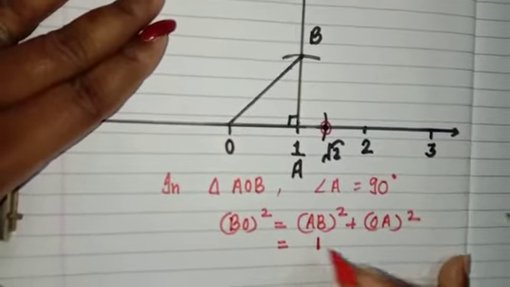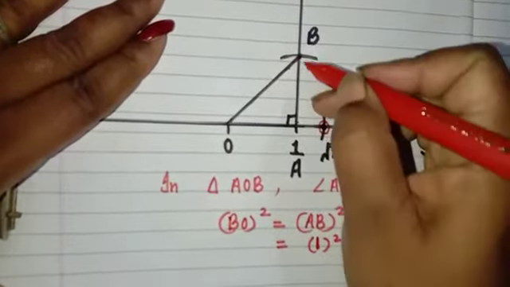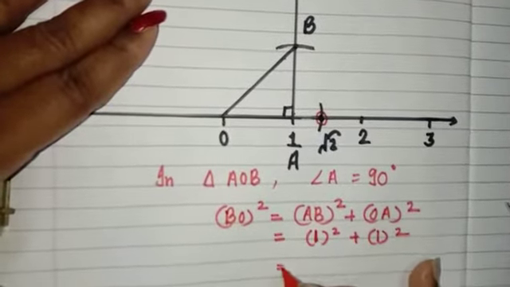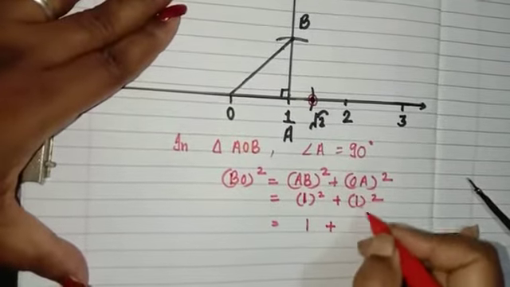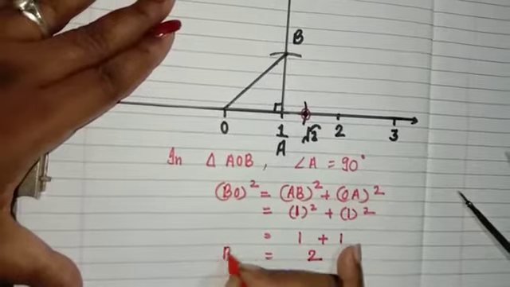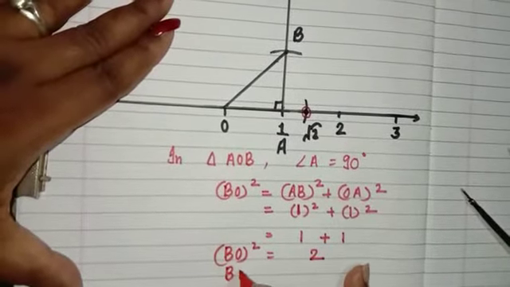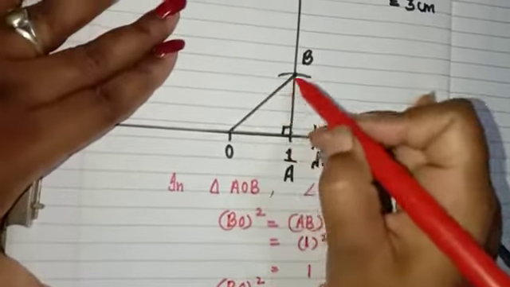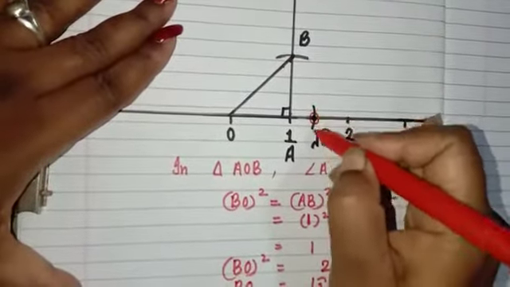AB is 1 unit, so 1 square, and OA is again 1 unit, so 1 square. 1 plus 1 is equal to 2. So BO square is 2, and taking the root, BO is equal to root 2.